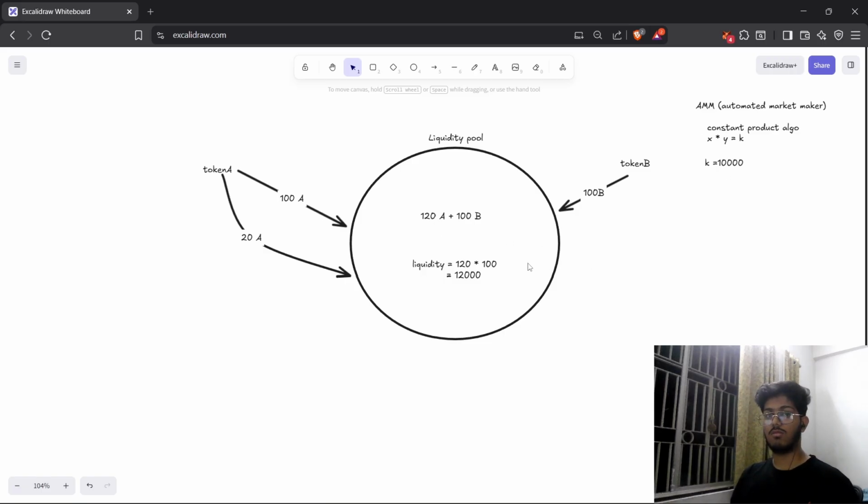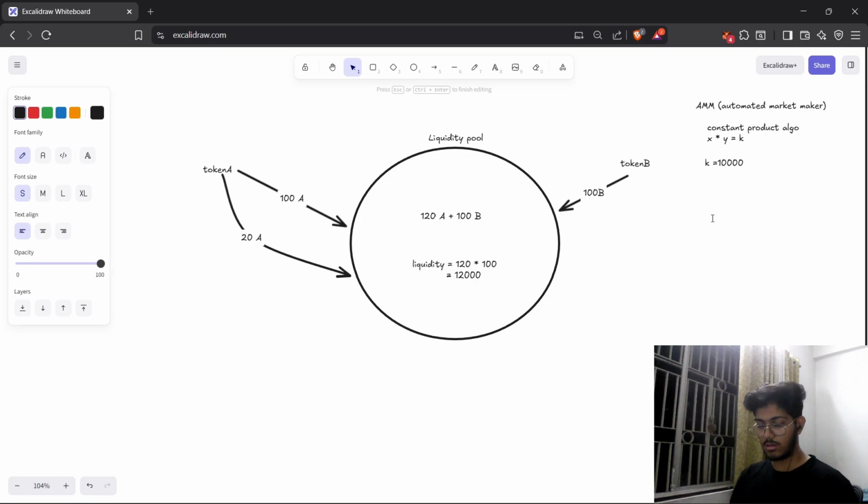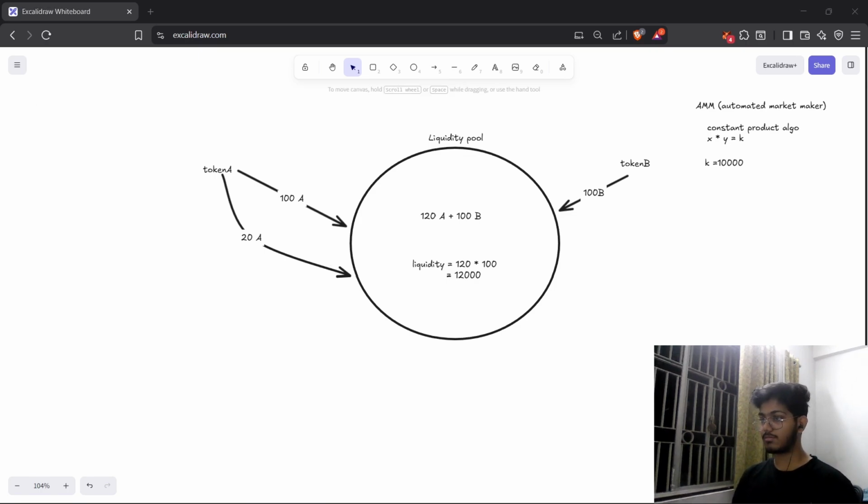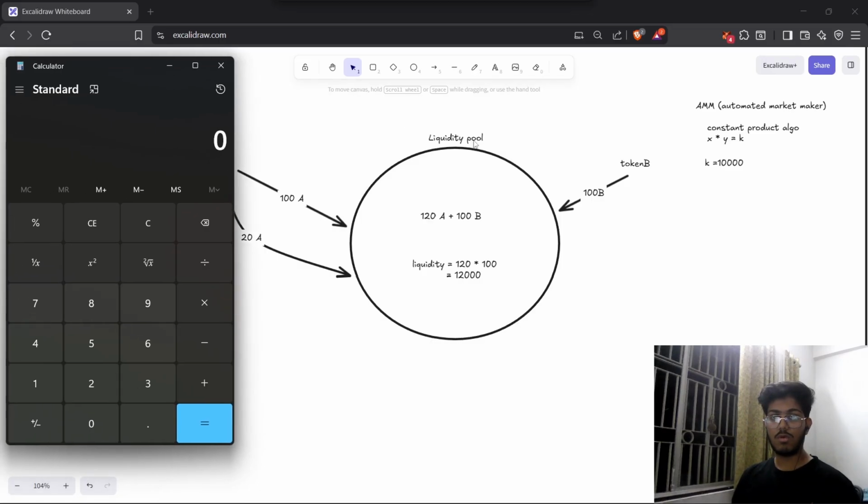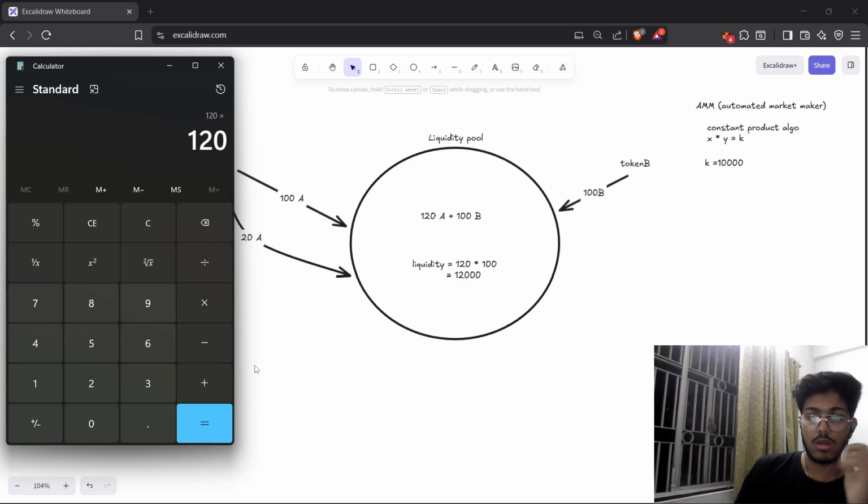Let me get my calculator. 120 into... out of the whole liquidity we'll divide the token, so yeah, 83.33. So we'll minus it from 100, which is the amount of token B in this pool, minus 83.33.